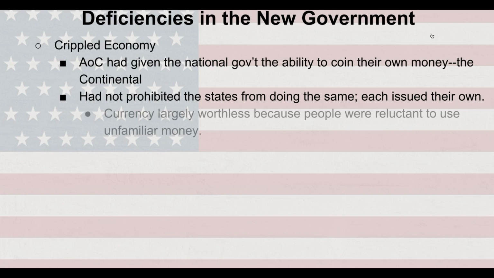And so as a result, currency is largely going to be worthless because people are going to be reluctant to use unfamiliar money. It'd be like all 50 of our states having their own money. And every time you cross a state line, you're going to have to essentially exchange your currency and use a currency that is unfamiliar. Well, people are not going to really like this.